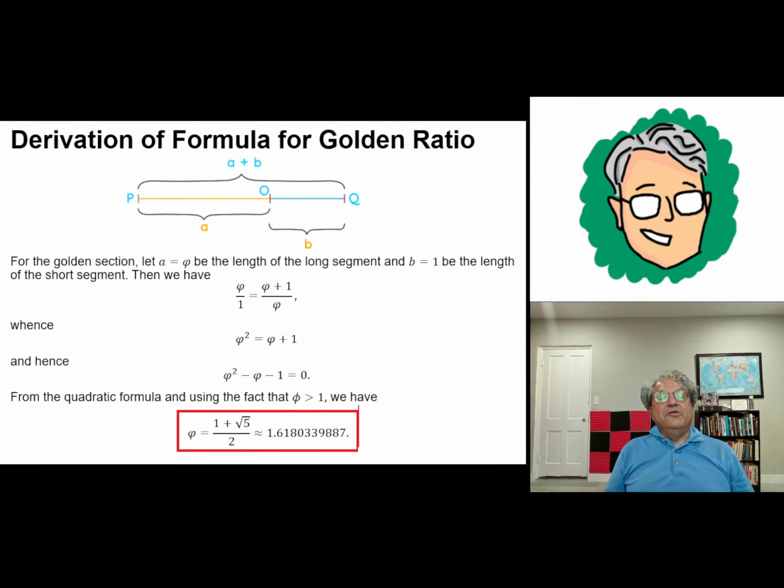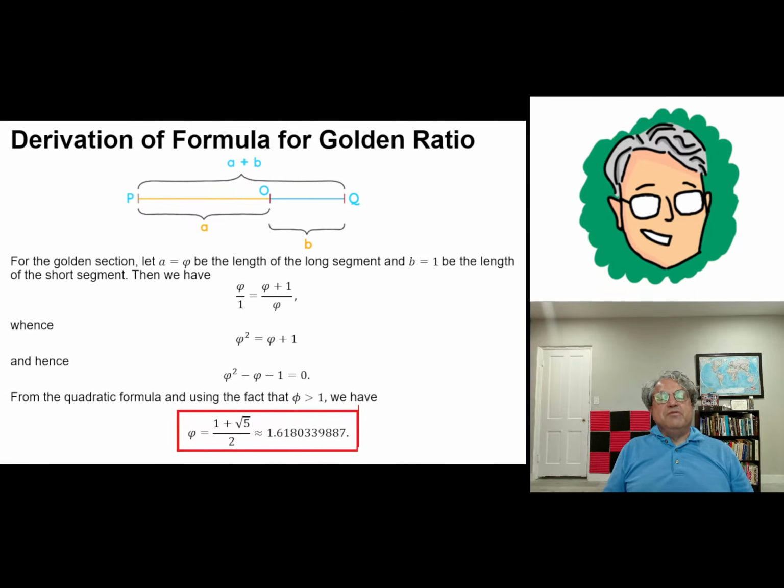With a little bit of algebraic manipulation on this equation, you get phi squared equals phi plus 1. If you just multiply both sides by phi, that's what you get. And you can turn this into a quadratic equation: phi squared minus phi minus 1 equals 0, just by subtracting phi plus 1 from both sides.